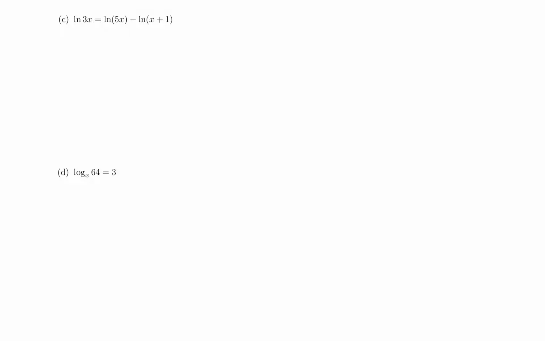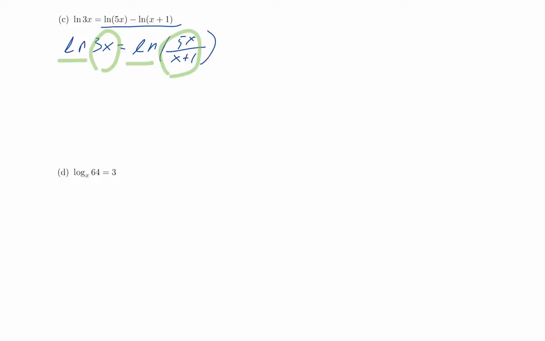What we can do is combine this, since it's the same base, into ln of 5x over (x plus 1). Now we have ln on both sides, and then we can let the insides equal each other. So 3x equals 5x over (x plus 1).